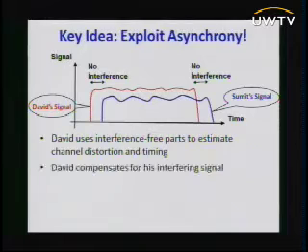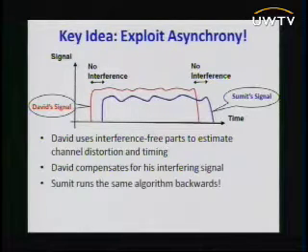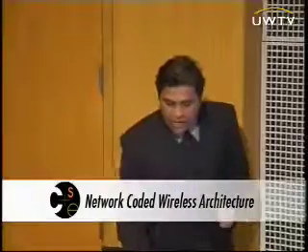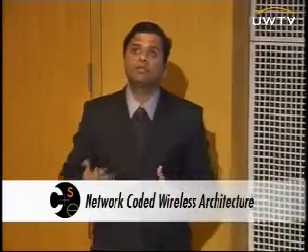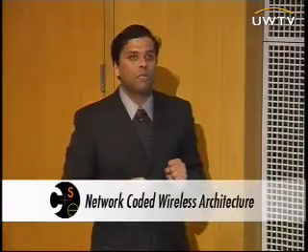And once you have these estimates, David can apply them to his known signal, compensate for them, and then subtract it from the interfering signal. And once he has that, he can decode Sumit's packet. What does Sumit do? Sumit does the same thing, but runs the same algorithm backwards. So analog network coding exploits asynchrony to make it practical.